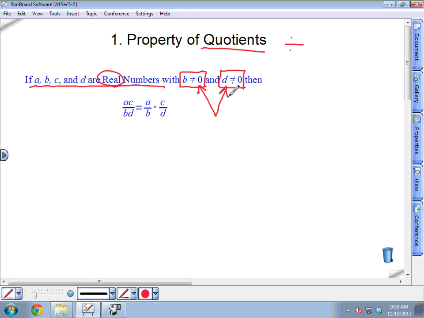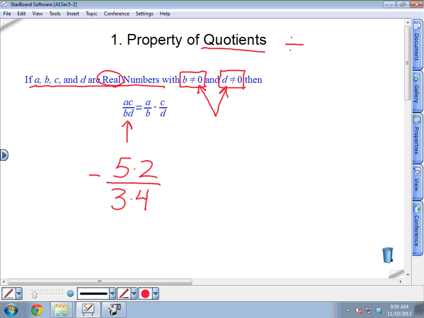It's saying that if I have AC divided by BD, that's a product divided by a product. It's equal to the product of the two fractions. They break them up into their factors. So in other words, let's say I had 5 times 2 over 3 times 4.